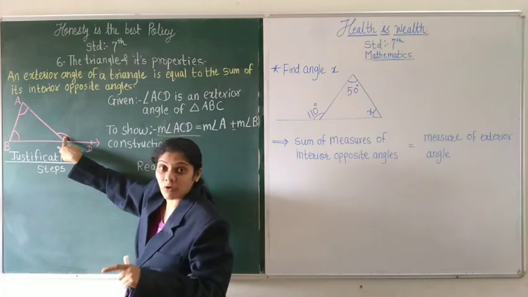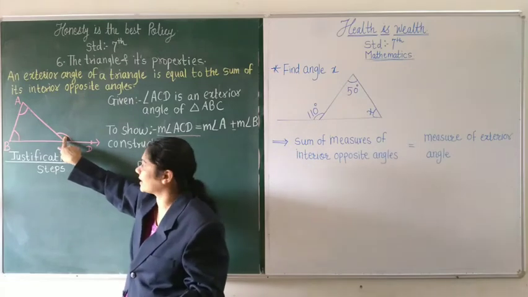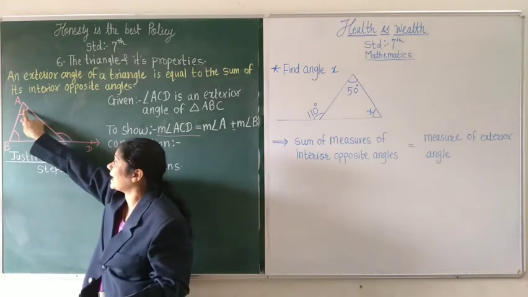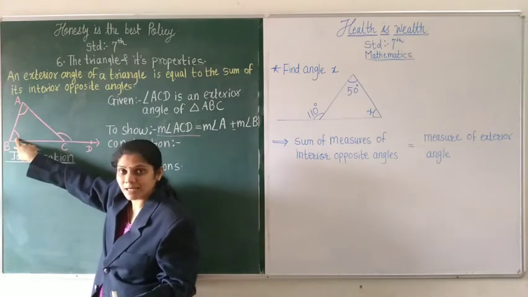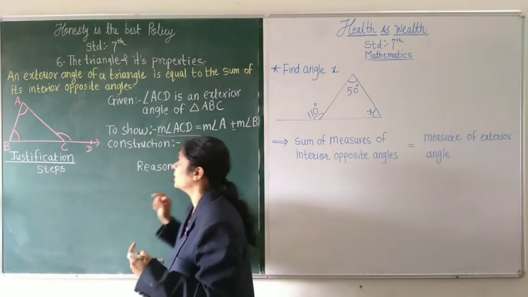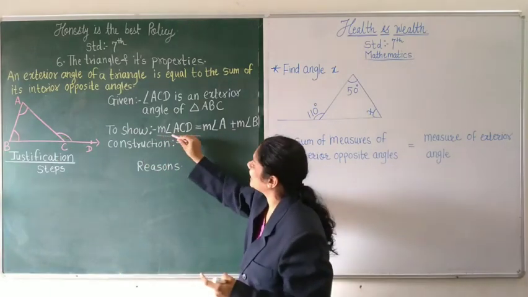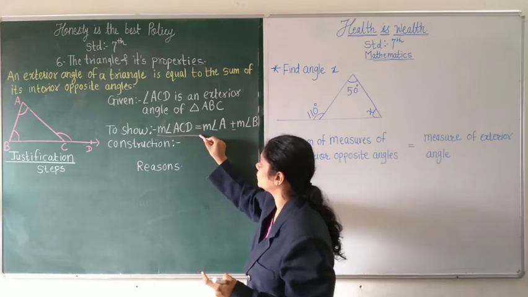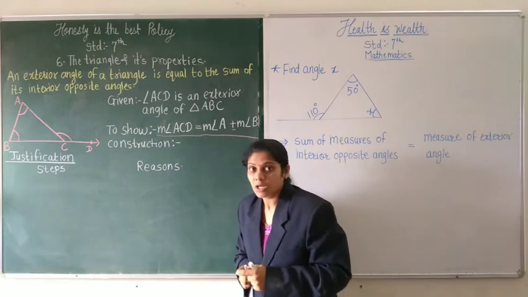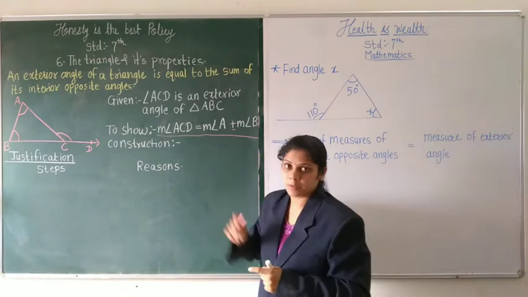Which are the opposite interior angles? These angle A and angle B are interior and opposite to this exterior angle. So we will write here measure of angle ACD is equal to measure of angle A plus measure of angle B. So we have to prove this statement.